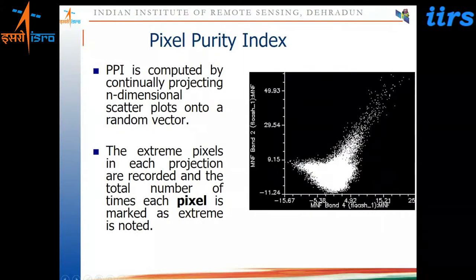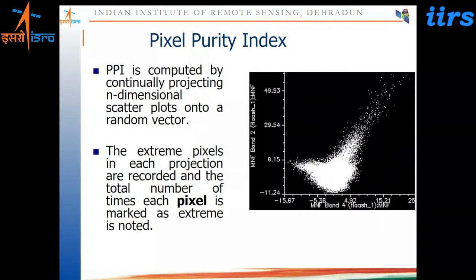So the pixel purity algorithm randomly plots the pixels into this scatter plot, and each time a particular pixel appears as an extreme, it will give it a count.